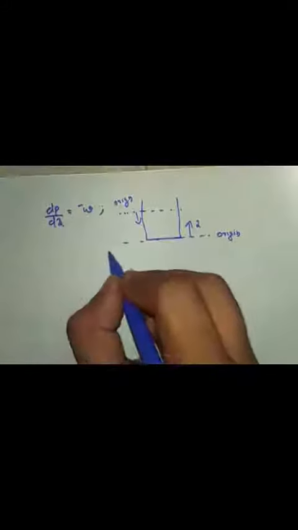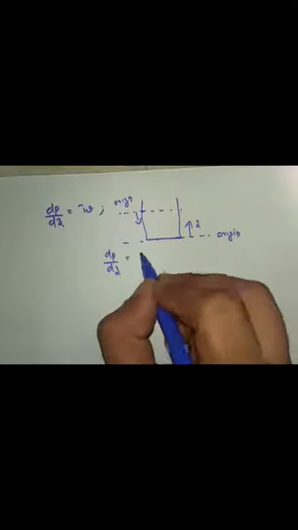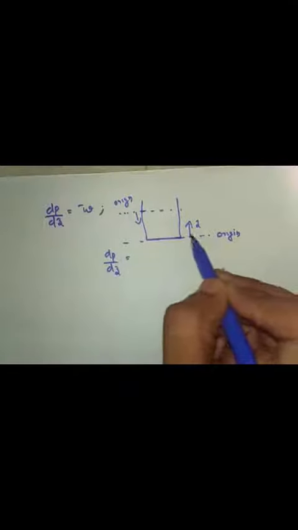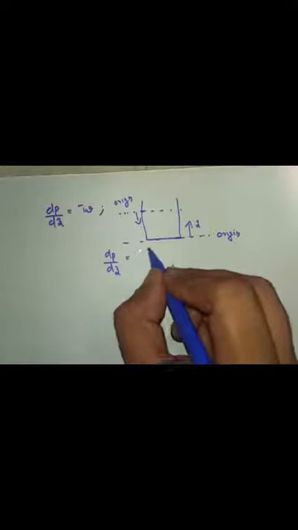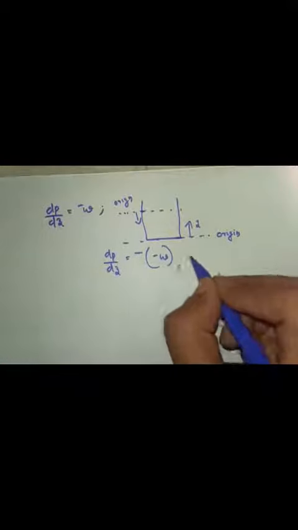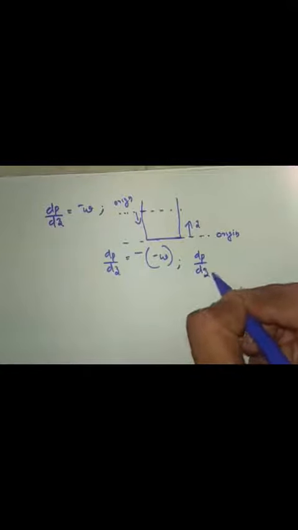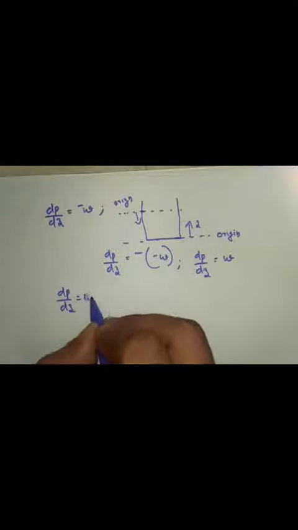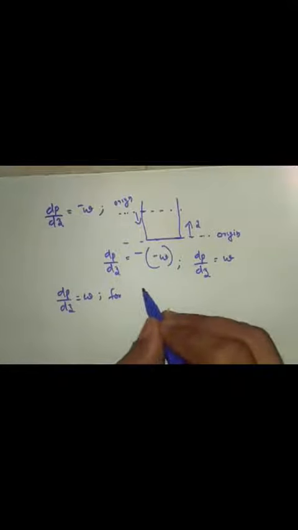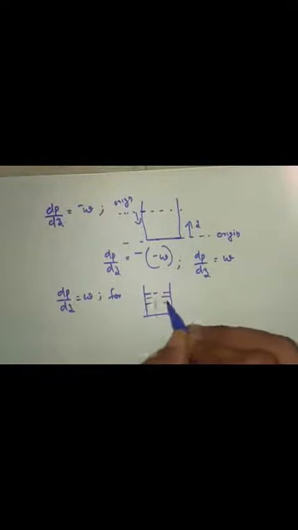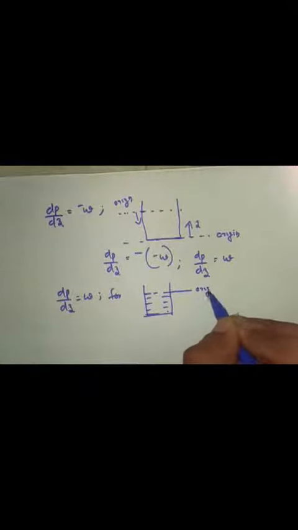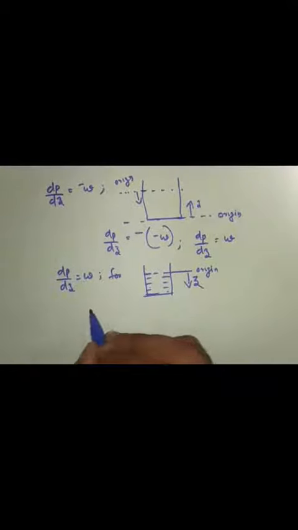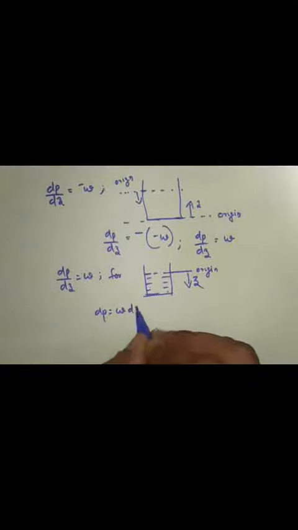The equation will become dp by dz is equal to the minus of this minus w, since this is the opposite of this one, the equation also will become opposite: minus of minus w, so dp by dz is equal to w for this origin and z direction. So dp is equal to w dz.